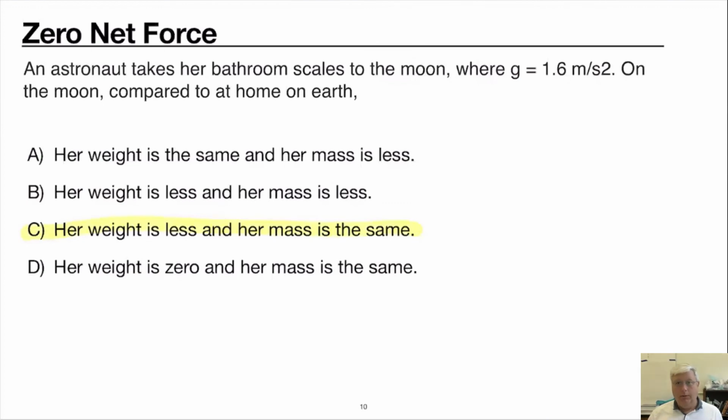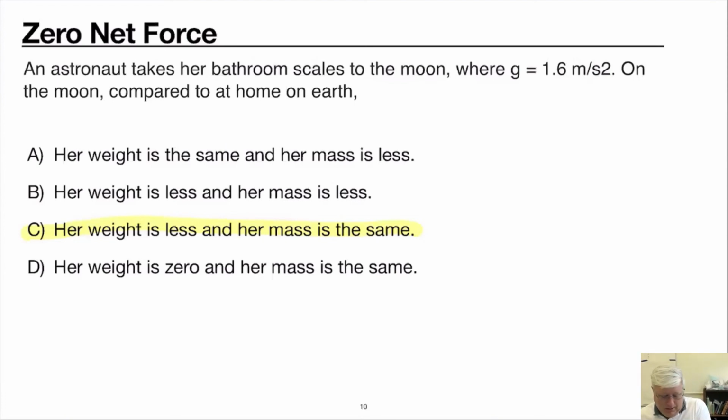If her weight was 0, there'd be no gravity. But we know that there's a little bit of gravity. It's much less than Earth, but it's not 0. So she would weigh less, but has the same amount of mass, unless she happened to go on a diet or something in the days that it took to go to the moon. But as you know, if you ever tried dieting, you don't really lose that much in the first few days.